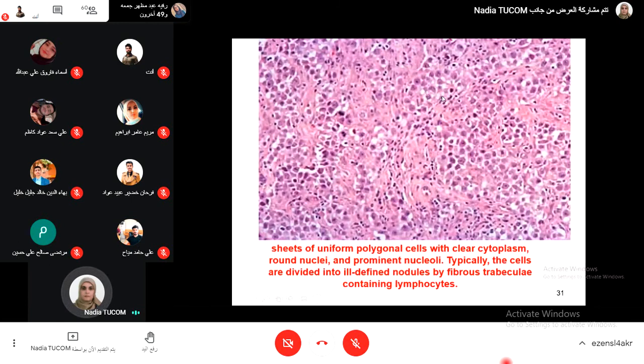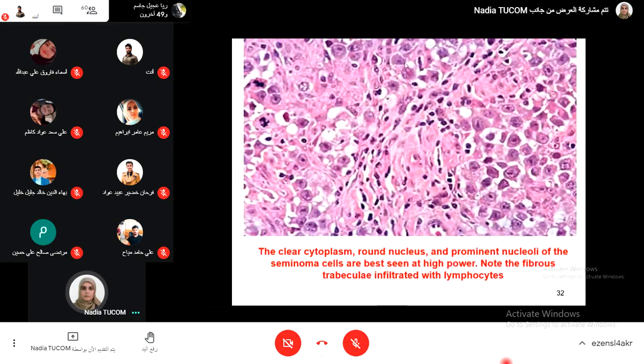The tumor is made up of sheets of polygonal cells with clear cytoplasm, rounded nuclei, and prominent nucleoli. They call them fried egg cells. Well-defined cell borders, perinuclear vacuole, and rounded open chromatin nucleus.